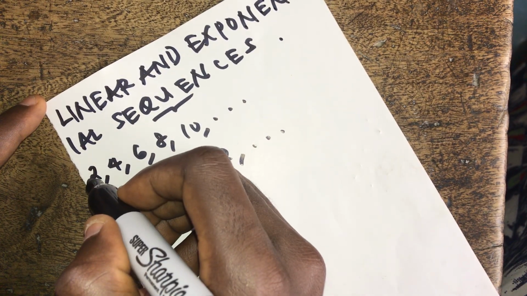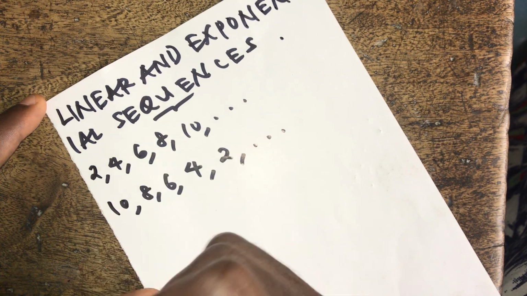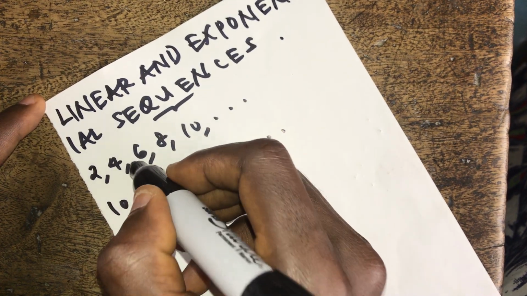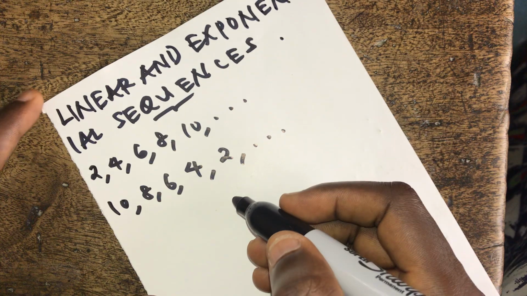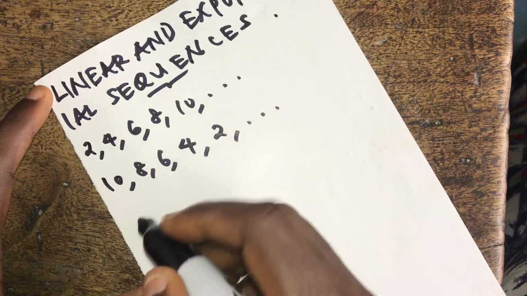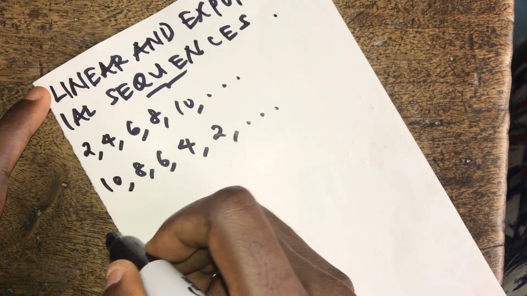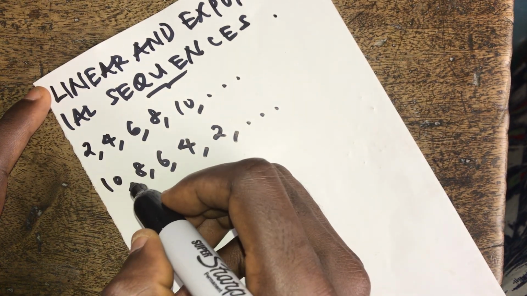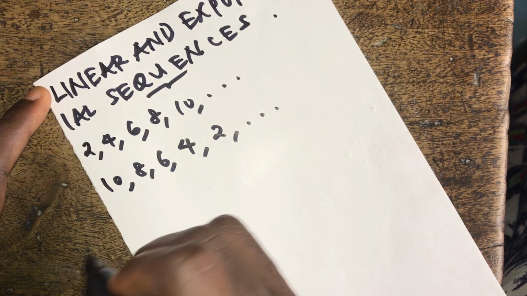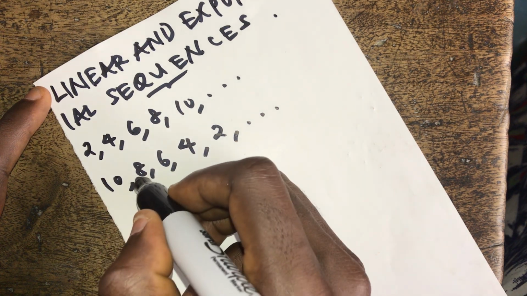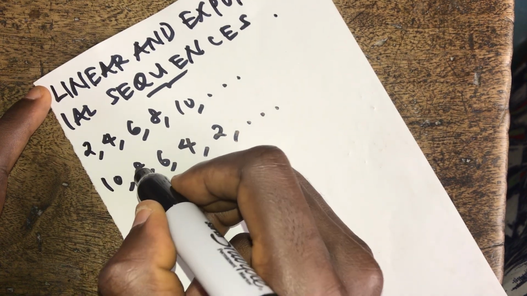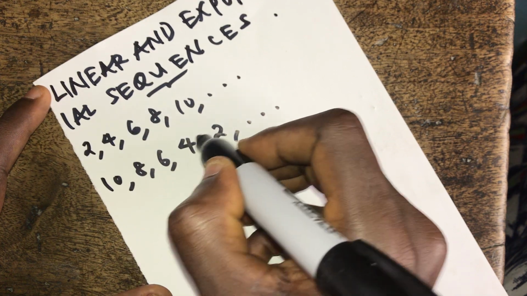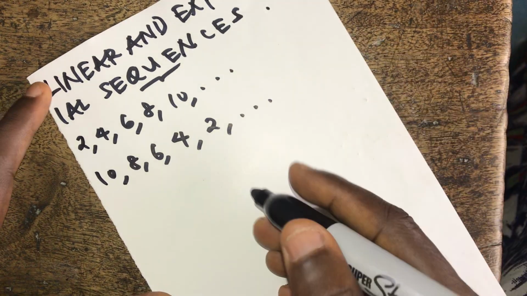If I add 2 to the first number, I'll get 4, which is the second. If I add 2 to 4, I'll get 6. If I add 2 to this, I'll get 8, and so on. And in the second set of numbers, starting from the second, each number in the set is obtained by subtracting 2 from the one immediately preceding it. So if I subtract 2 from 10, I'll get 8. 8 minus 2, 6. 6 minus 2, 4. 4 minus 2, 2, and so on.